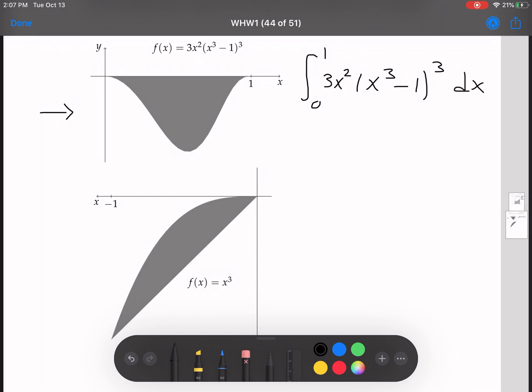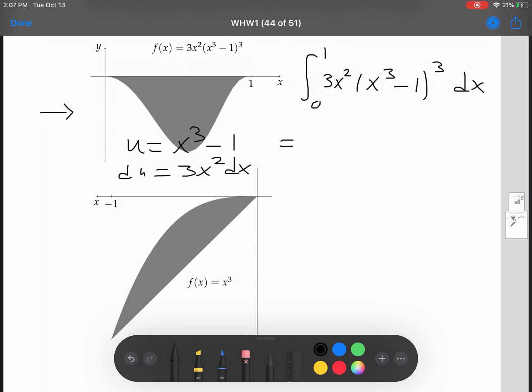Okay, all right, so as you see, probably, we'll make a u substitution. We'll say u is x cubed minus 1, du is 3x squared dx.